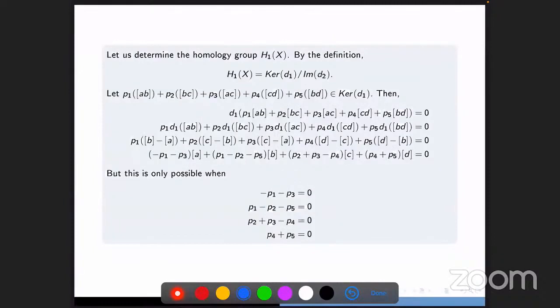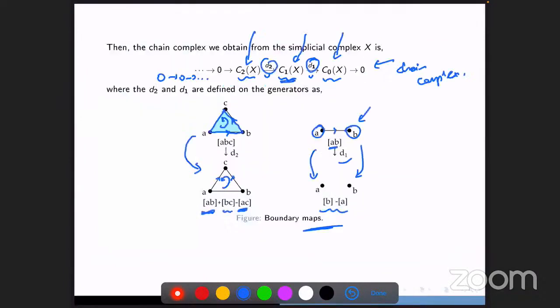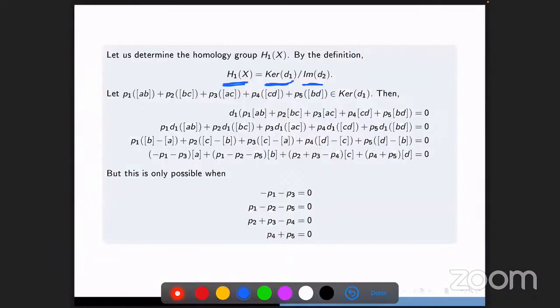So let's do a computation here. We are going to compute H1X, which is kernel D1 over image D2. Kernel D1 over image D2, right? So to determine the kernel, we pick any element from this combination, where these P1, P2, up to P5 are integers.